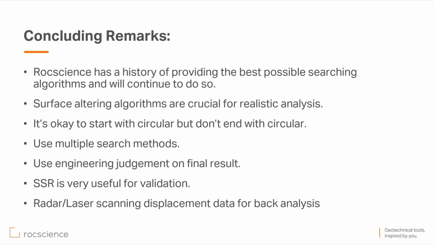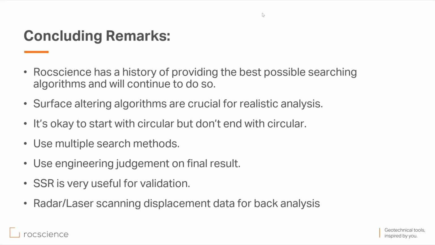The second thing is that surface altering is really crucial, as we've seen. One of the questions that I have personally, when I read a lot of journal articles and a lot of statements, is what should I expect between 2D and 3D factor of safety?